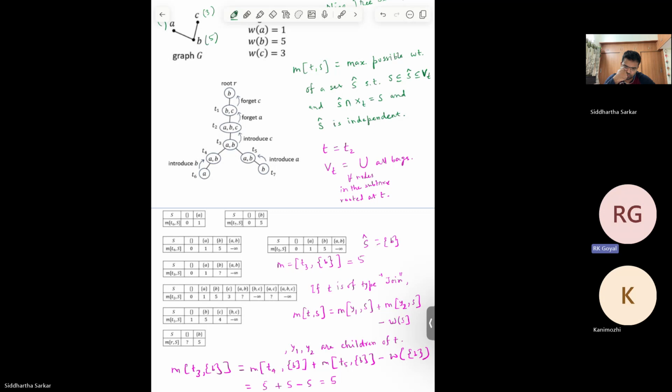What else does this idea of tree decomposition give us? So your question is, what are the application areas of nice tree decomposition in the context of parameterized algorithms?